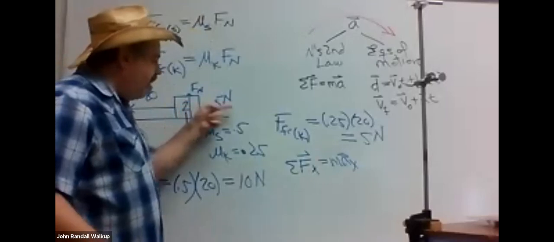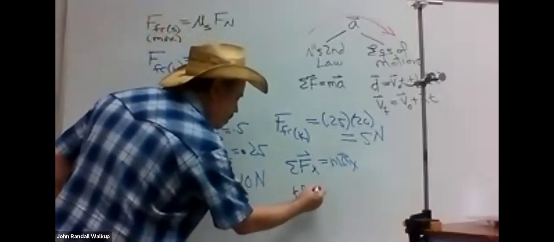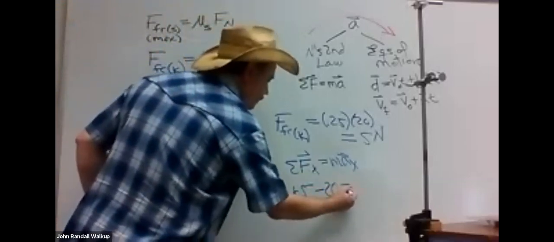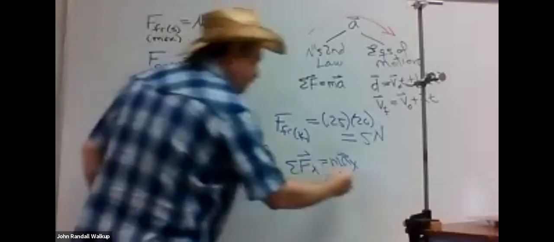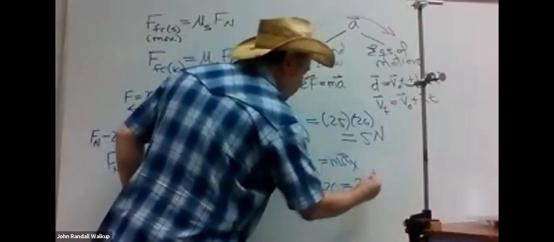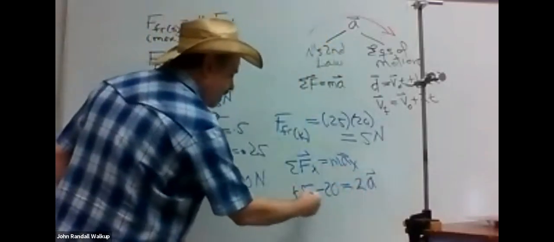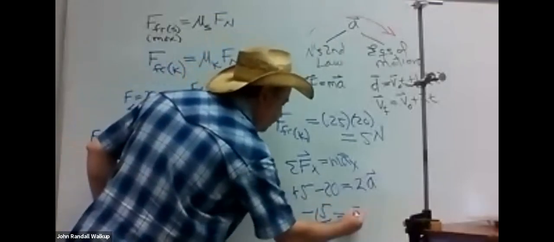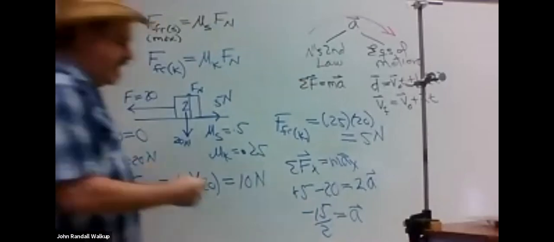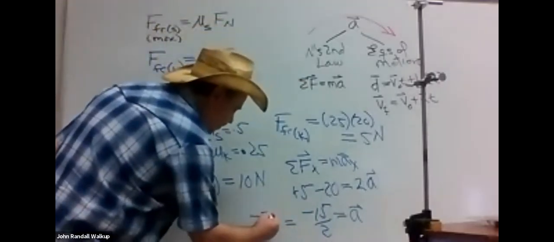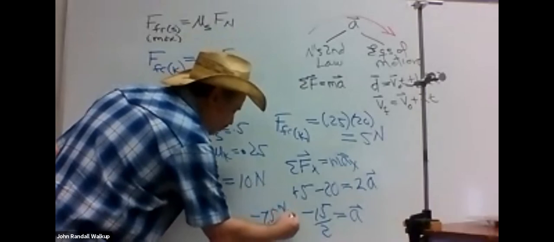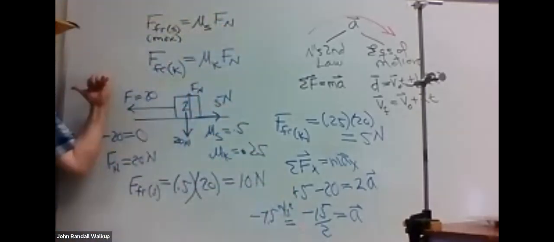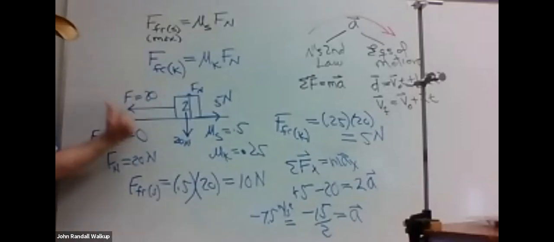We have positive 5 minus 20 is equal to the mass times the acceleration. And we get negative 15 divided by 2 is A, which is negative 7.5 meters per second squared. Negative means what? It's going to accelerate in the negative direction. This is exactly kind of what we figured.